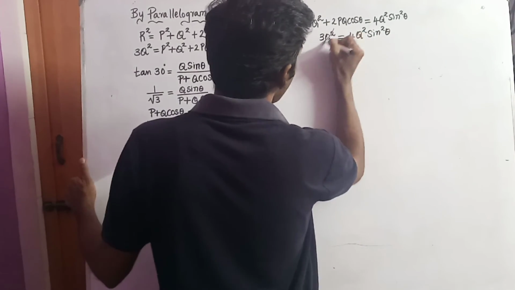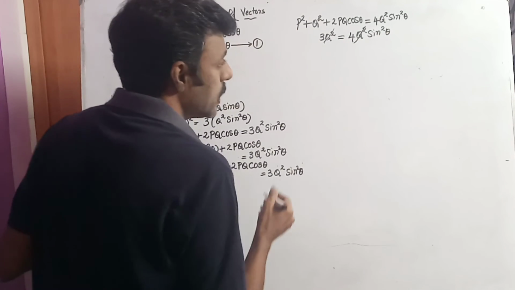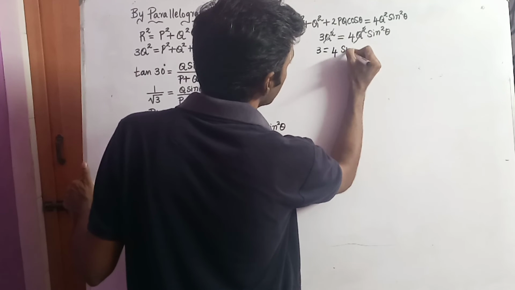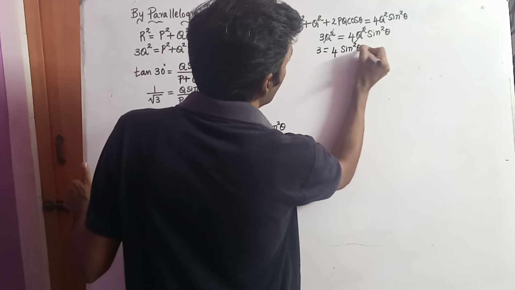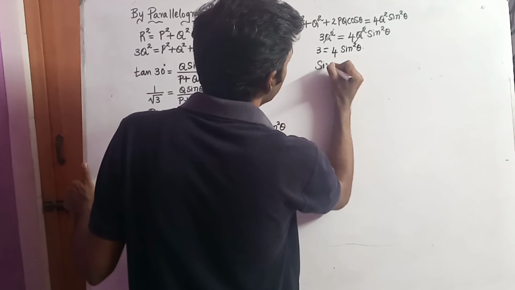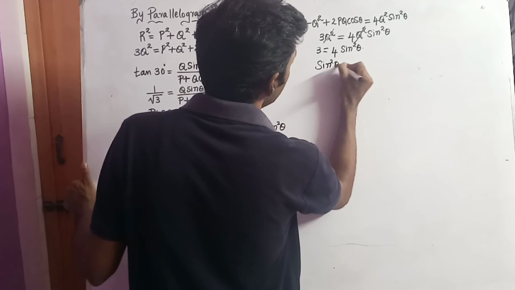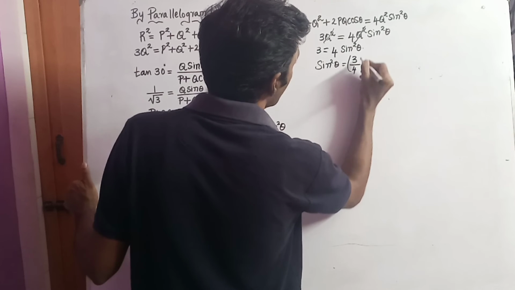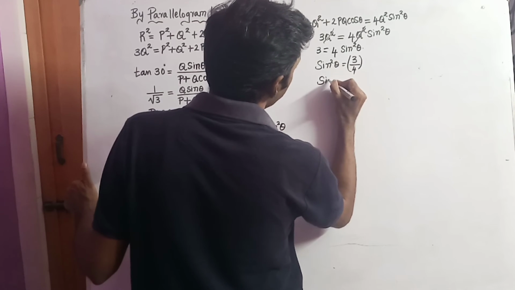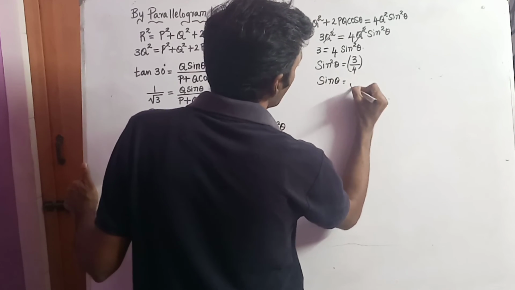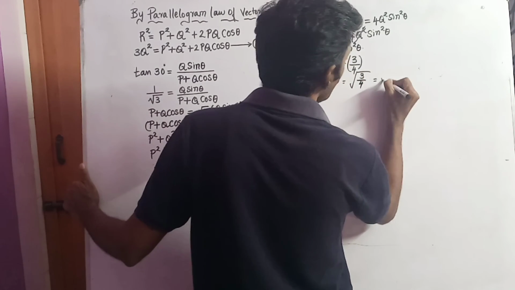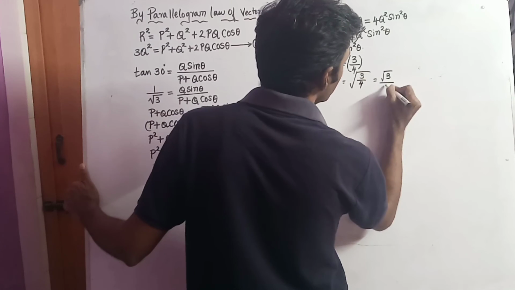Here q squared and q squared will get cancelled. So I will be left with 3 is equal to 4 into sin square theta. Therefore sin square theta will be 3 divided by 4, and sin theta will be root of 3 divided by 4, which is nothing but root 3 divided by 2.